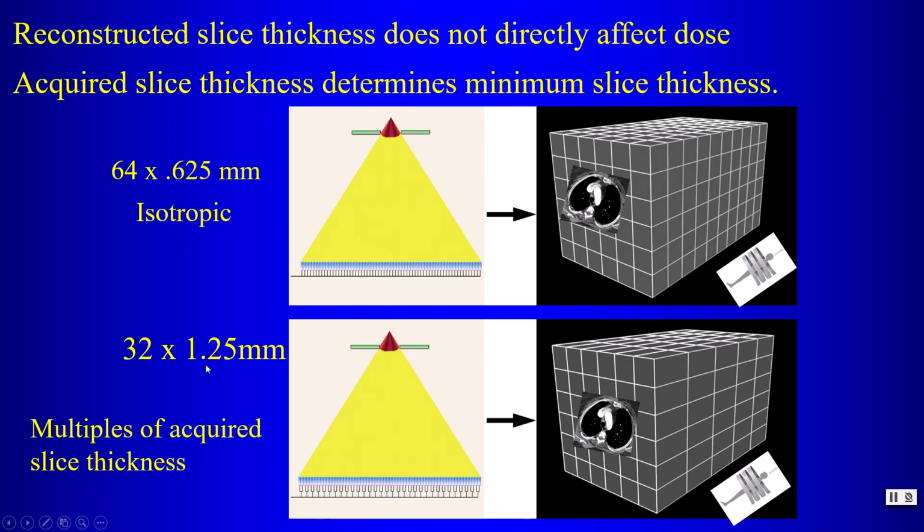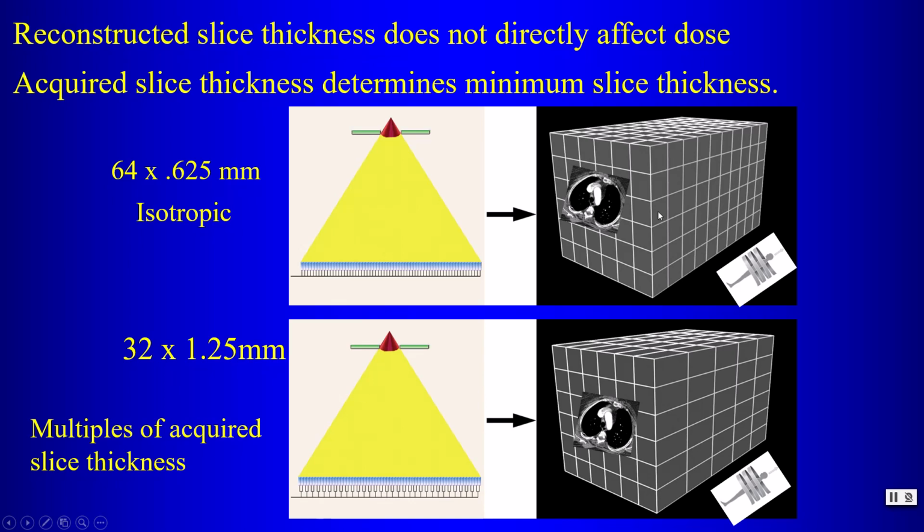As opposed to this example here, if we were to reconstruct, instead of 64 slices at 0.625 millimeters, that same volume as 32 slices at 1.25 millimeters, now you can see how the dimension along the z-axis has changed. So now these are no longer isotropic voxels here. And so that becomes important when you are reconstructing images in different planes.